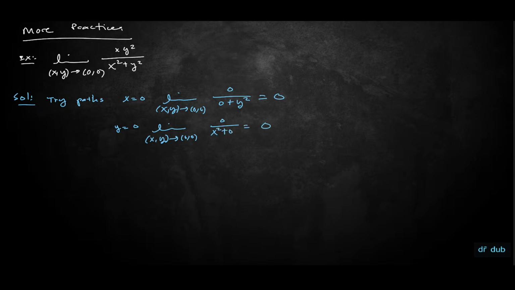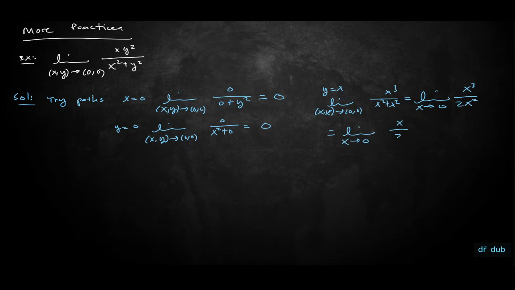Try the path y equals x, and that'll be the limit as (x, x) goes to (0, 0) of x cubed over x squared plus x squared, which is x cubed over 2x squared. Cancel that, and we get the limit as x goes to 0 of x over 2, which is 0.